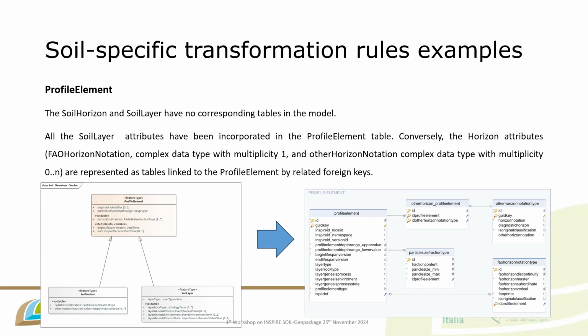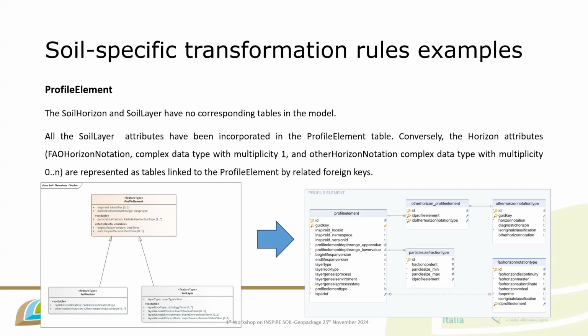For example, the FAO horizon notation is a complex data type in INSPIRE, meaning that it has many sub properties that need to be handled. So we applied the rules I've explained before for the complex data types.